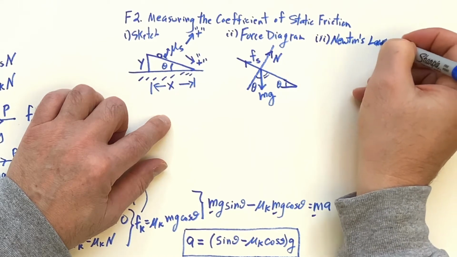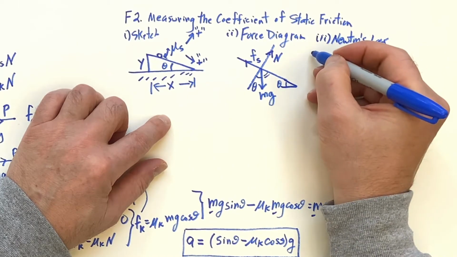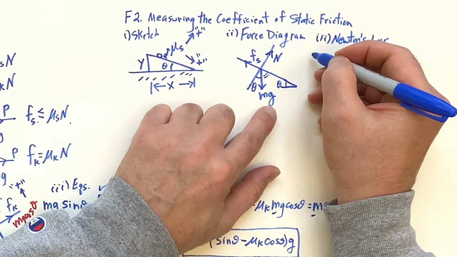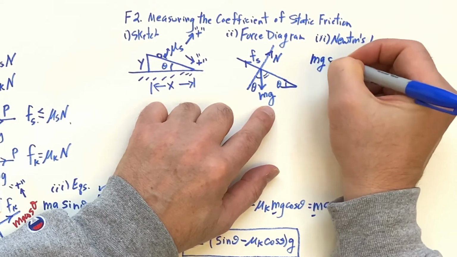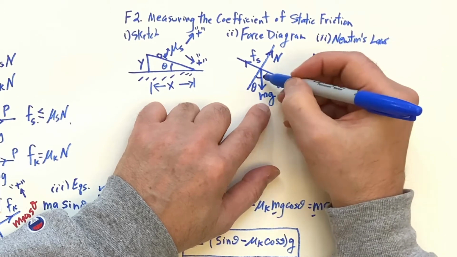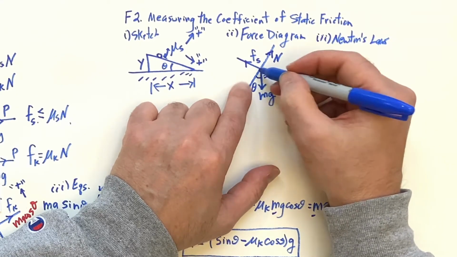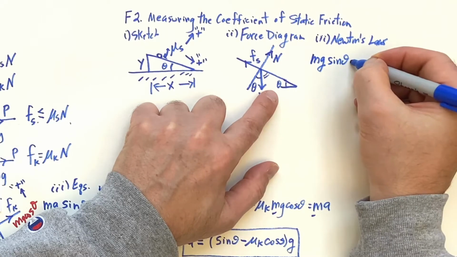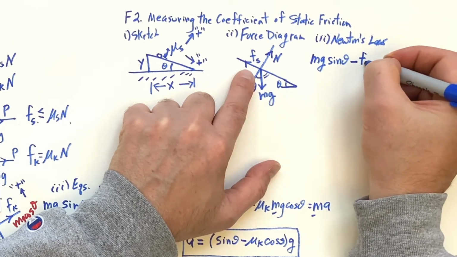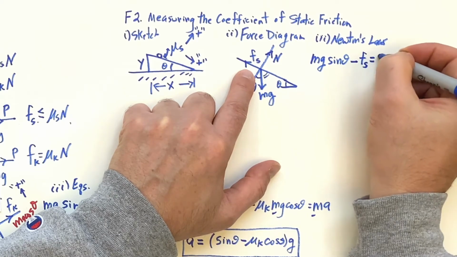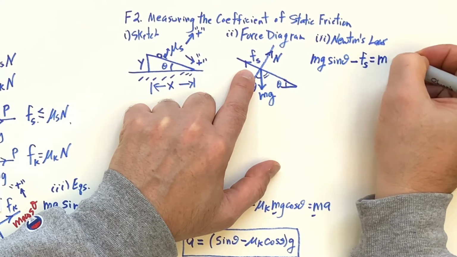Newton's laws, and we'll go with the incline first: mg sine theta. Mg sine of theta is the one going downward, and then subtract the friction force, and that's equal to ma.